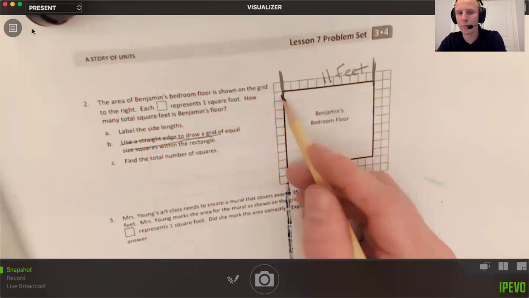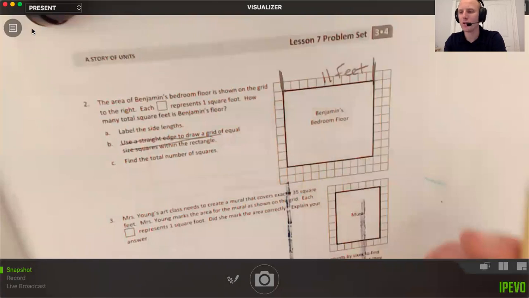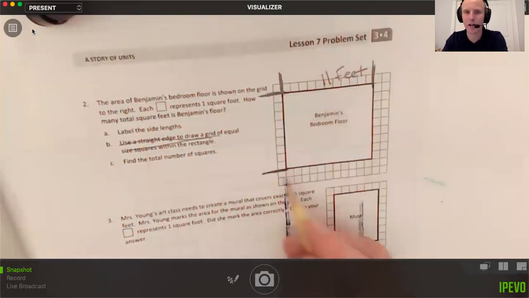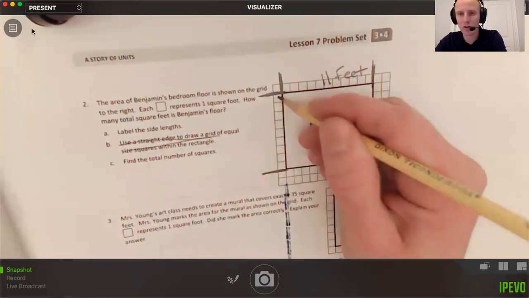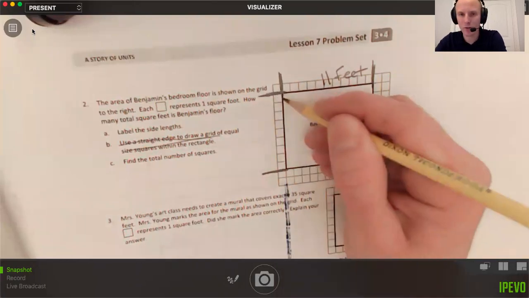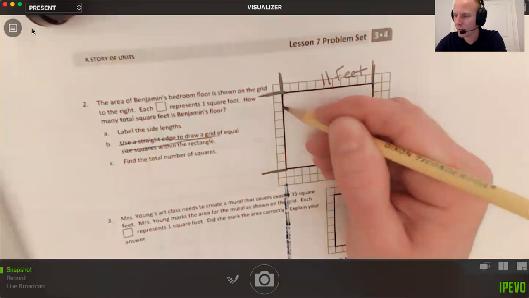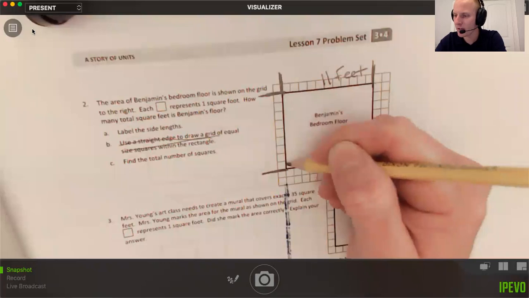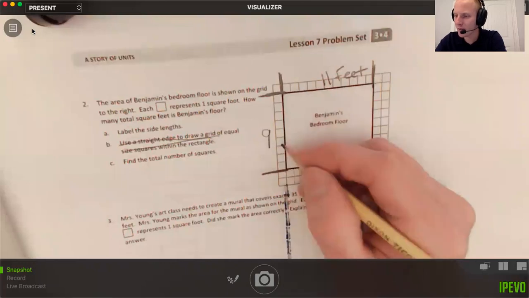If you took a tape measure and measured from one corner of the room to the other corner of the room, that's 11 feet. Now I'm going to measure from right here, stretch my tape measure down to there. Each of these boxes is a foot. So 1, 2, 3, 4, 5, 6, 7, 8, 9. 9 feet.